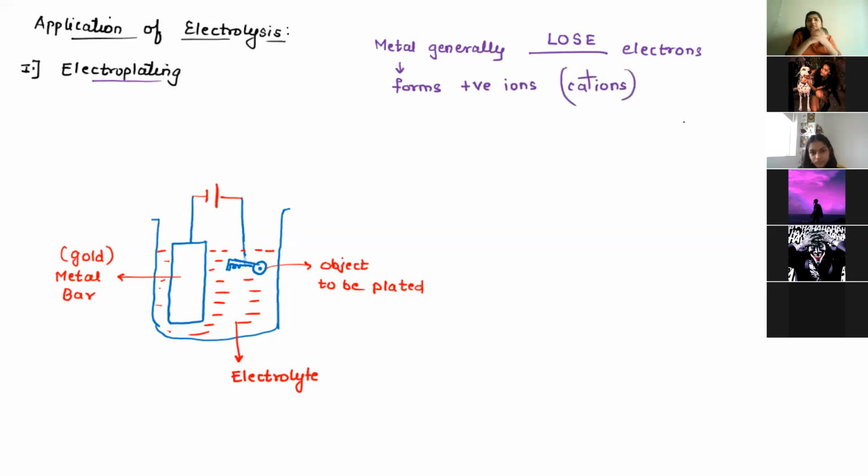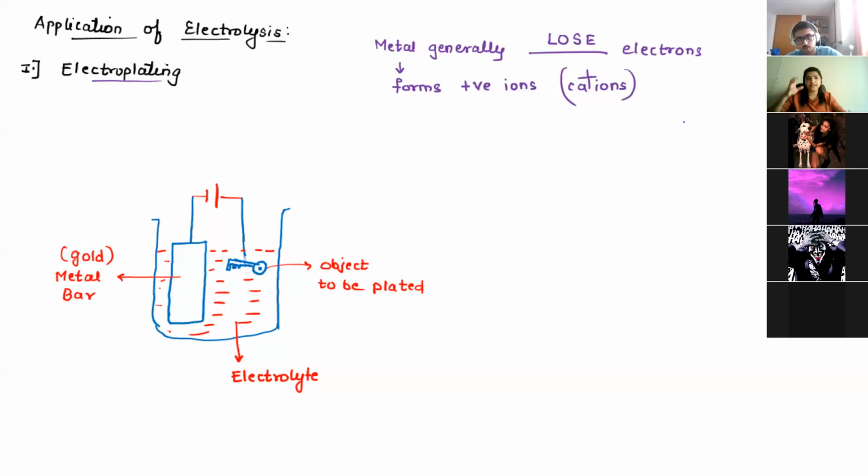So if metal is forming a positive ion, to which electrode will that positive ion be attracted? Yes, Kashni, negative. So can I say that the object to be plated has to be the cathode?